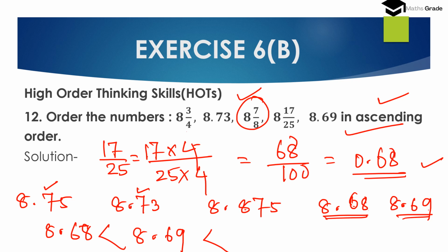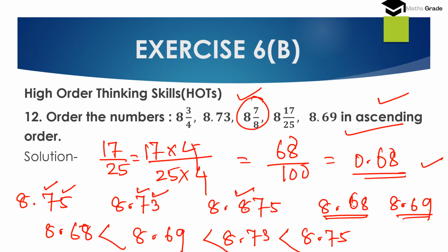Then compare the others. Here 7 is in the 10th place, here also 7. But in the 100th place it is 5 and here in the 100th place it is 3. Now 3 is the smaller digit, then 5. So 8.73, then 8.75. Now 8.8, 8 is in the 10th place, so 8 is the largest digit in the 10th place.